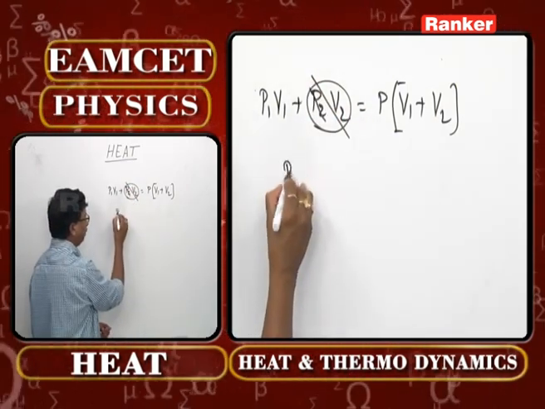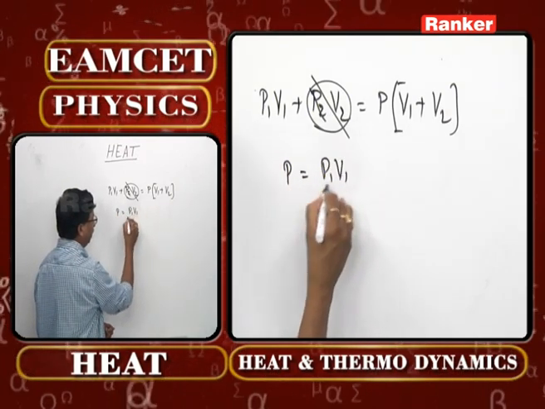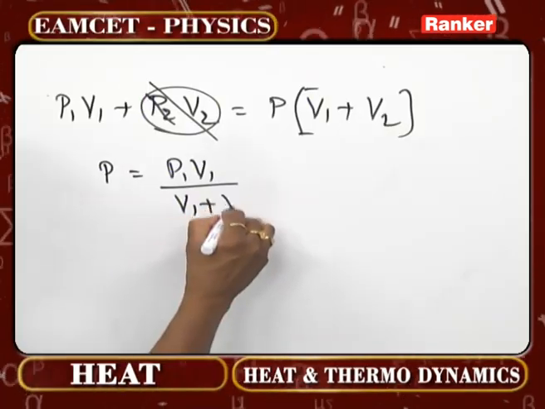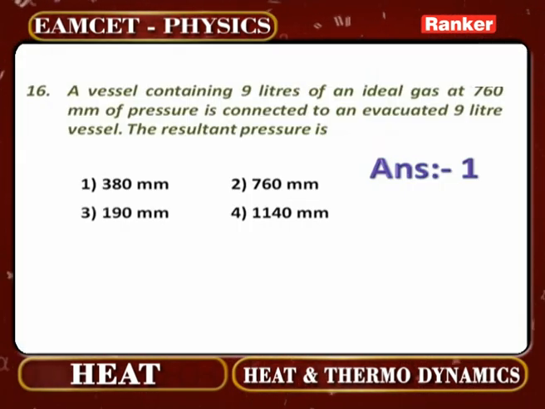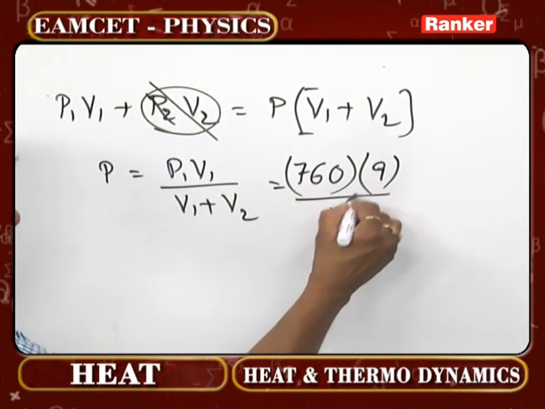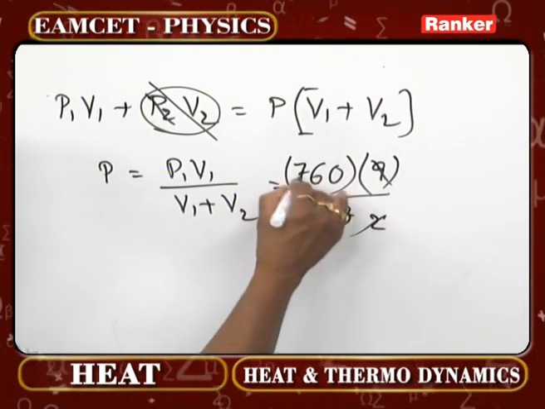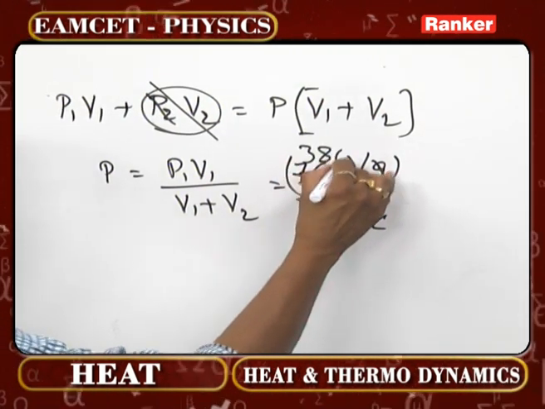So what is this pressure now? P1 V1 by V1 plus V2. What is P1 that is given to us? 760. If you take the volume as 9 liters here, 9 plus 9 is going to be 18 here. This goes twice and this goes 380 times.